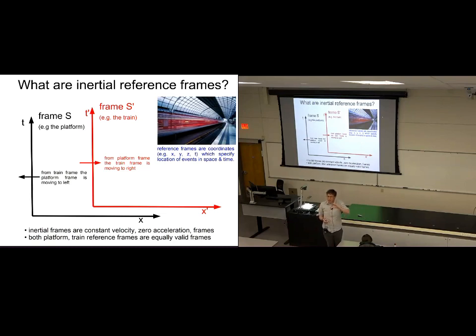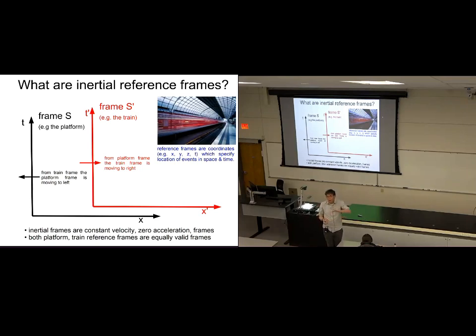We tend to think, when we look at the picture, of the platform reference frame as the one that is stationary and the train reference frame as the one that is moving, but that's just from the perspective of the platform. We could equally well think of the situation from the train perspective. Then if you're in the train reference frame, you're stationary and the platform is moving with respect to you.